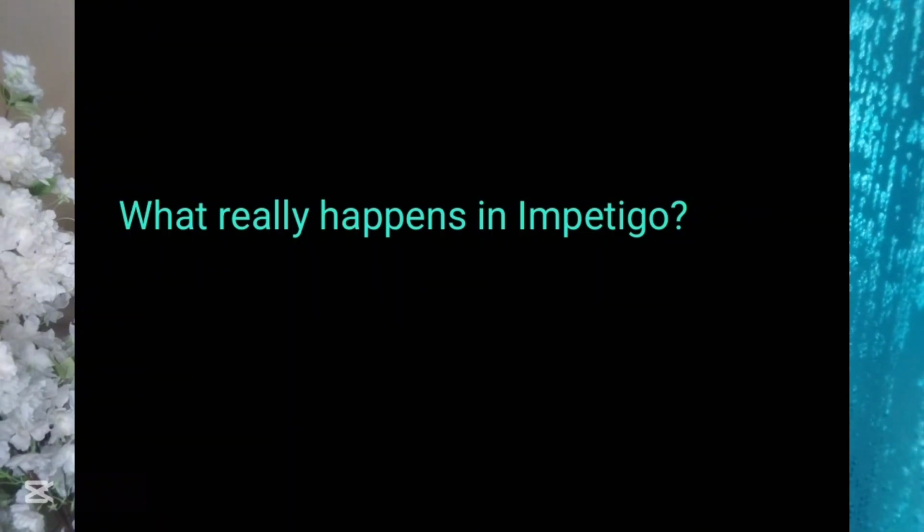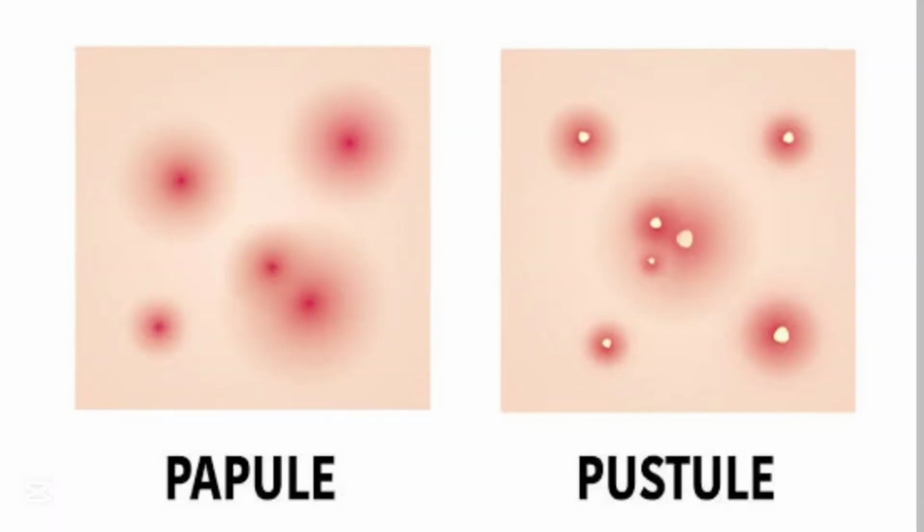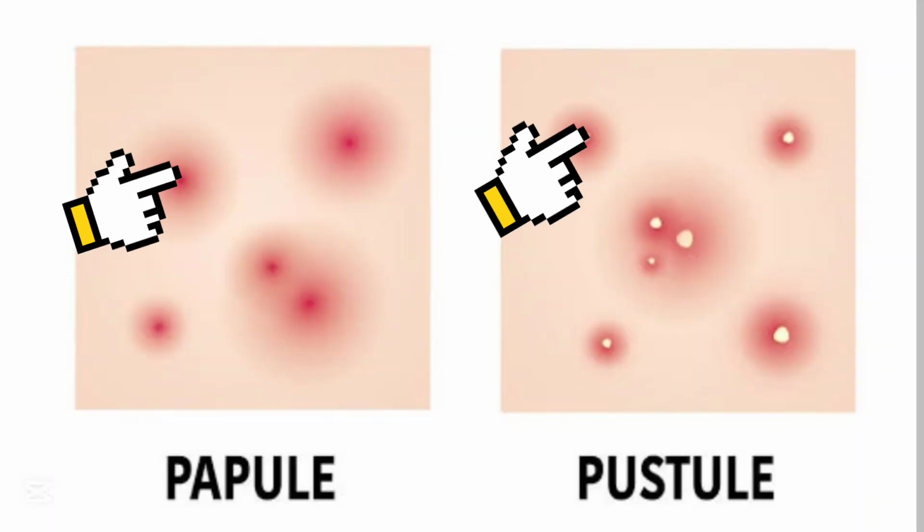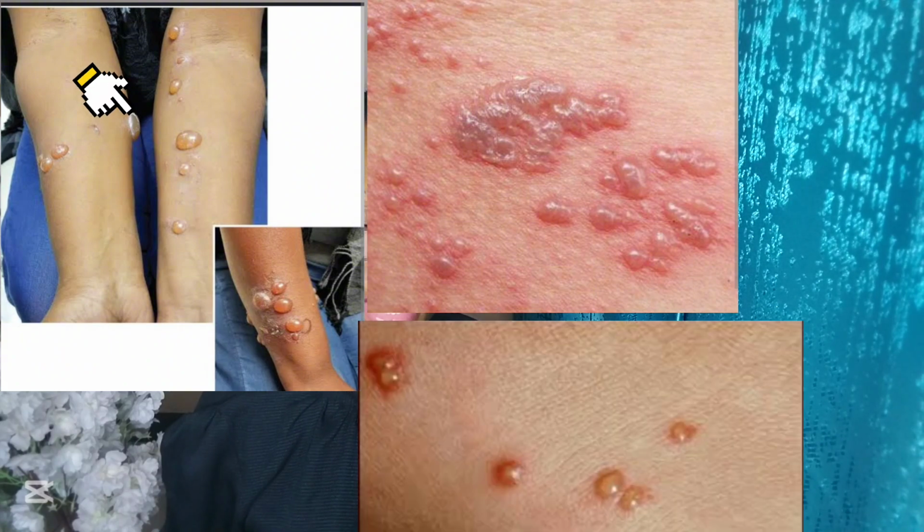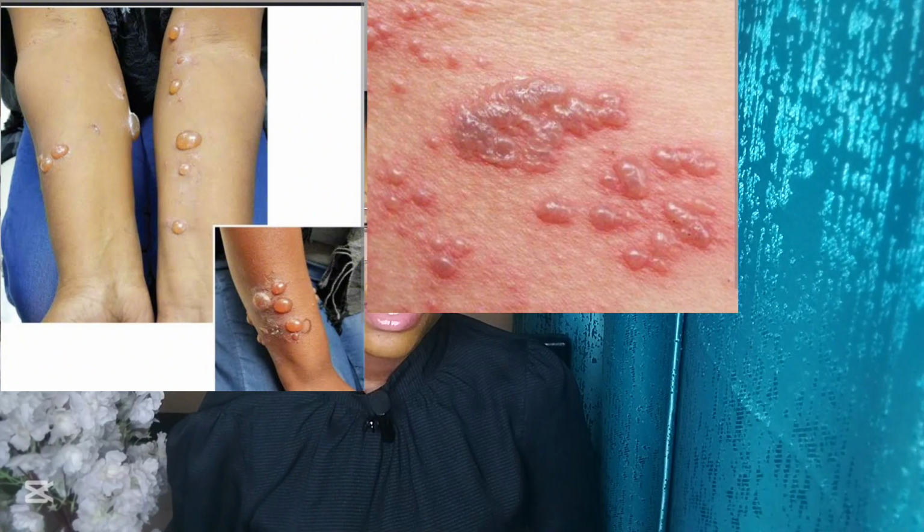The lysosomes contain some enzymes, and once these enzymes are produced from the lysosomes, they tend to destroy the cells of the epidermis. This results in formation of swellings, for example, papules, pustules, bullae, blisters, and vesicles.